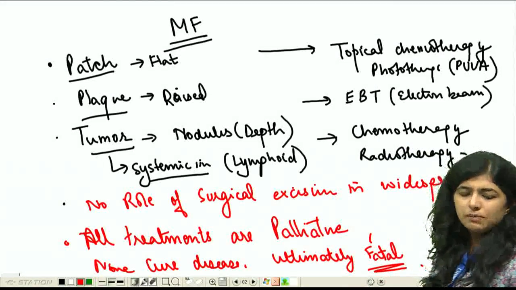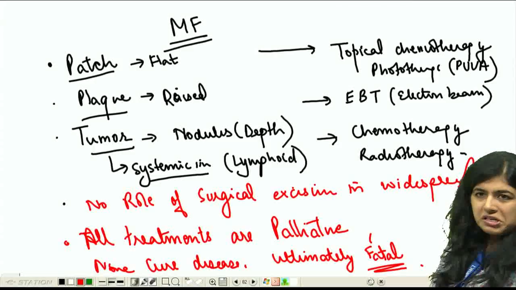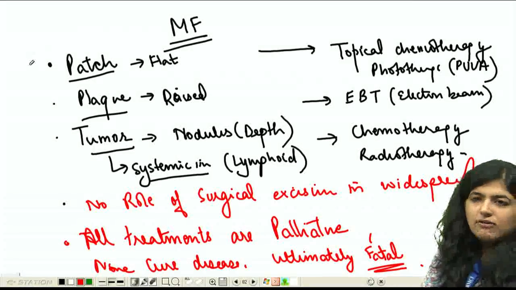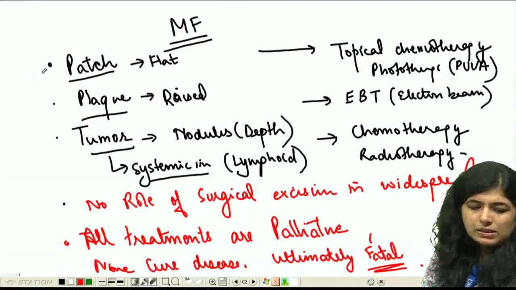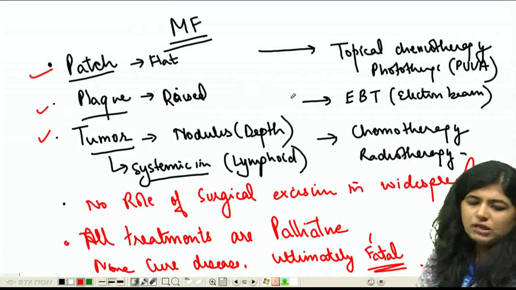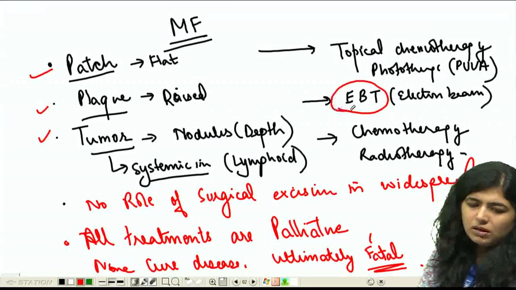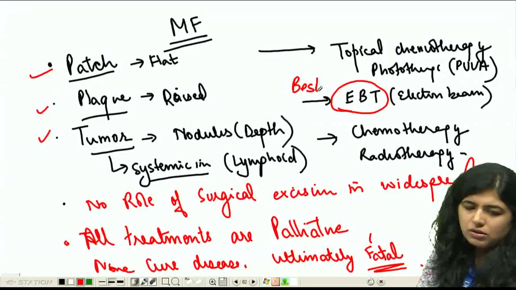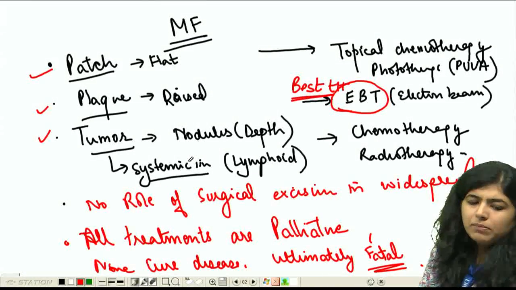None of these treatments can completely cure it, but you should still remember as per the stage. If the question asks you treatment as per the stage, you know it. If it asks you which is the best treatment, irrespective of the stage, this is the best treatment. Skin electron beam therapy is the best treatment.